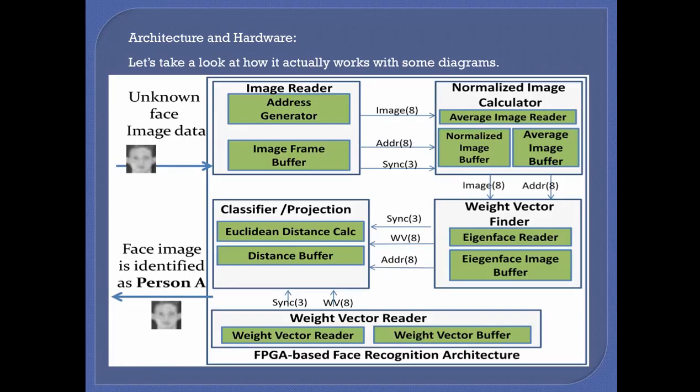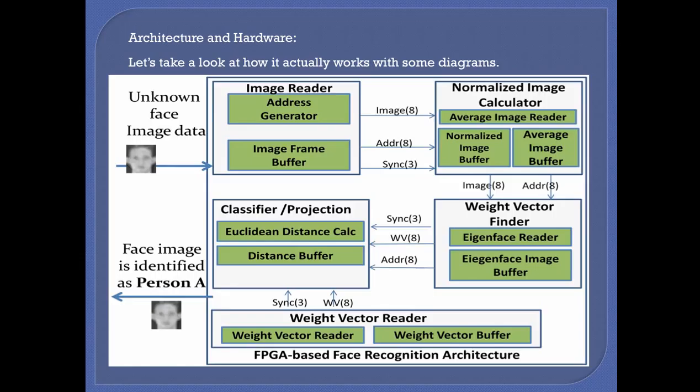These pixels are of the unknown image that needs to be recognized, and then the previously stored pixels are sent to the normalized image calculator module in order to start normalizing the image calculation.